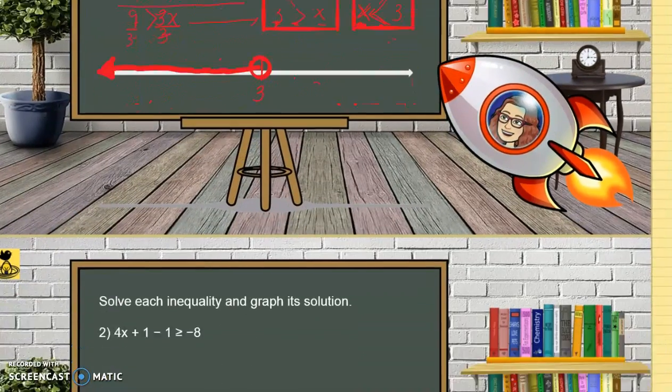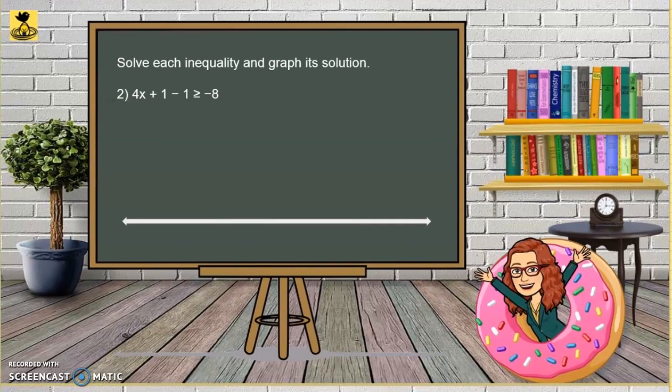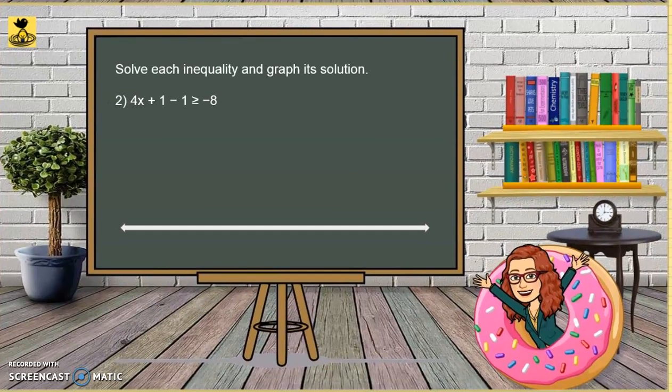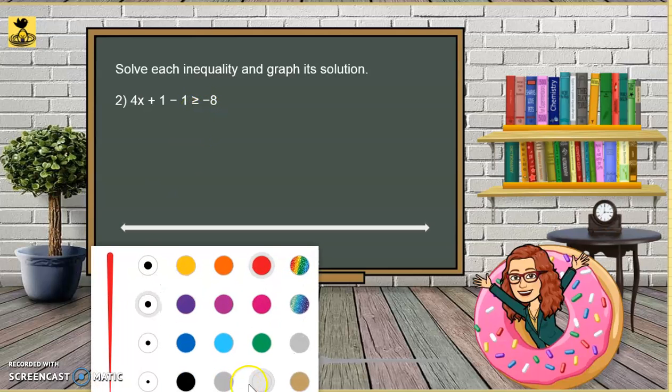Okay, so let's proceed to number 2. Solve 4x plus 1 minus 1 is greater than or equal to negative 8.